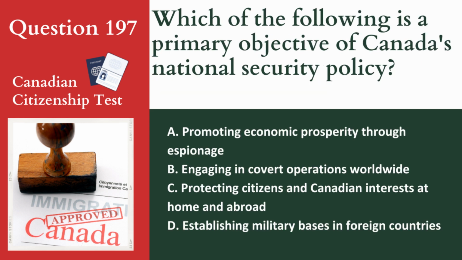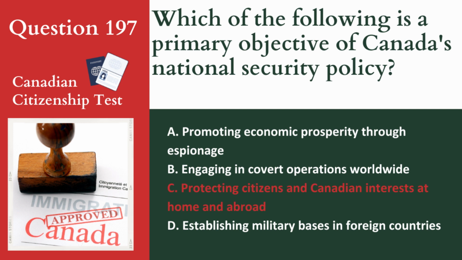Question 197. Which of the following is a primary objective of Canada's national security policy? A. Promoting economic prosperity through espionage. B. Engaging in covert operations worldwide. C. Protecting citizens and Canadian interests at home and abroad. D. Establishing military bases in foreign countries.